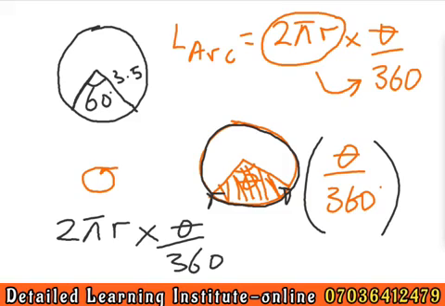So we multiply that with the overall circumference. That will now give us the exact portion which that sector takes out of its overall circumference, which is just this area in pink.